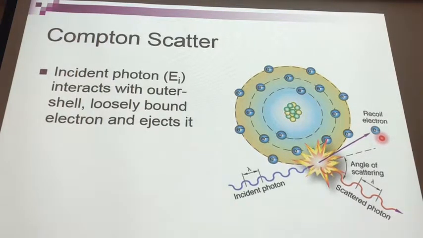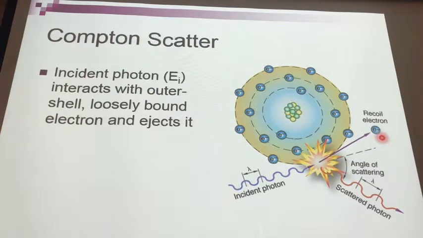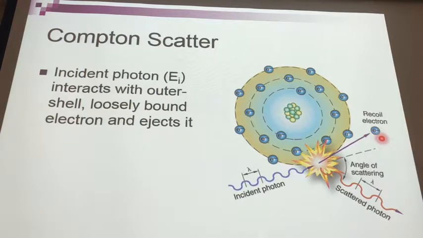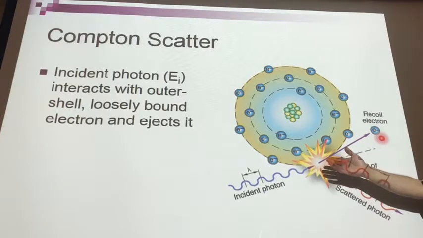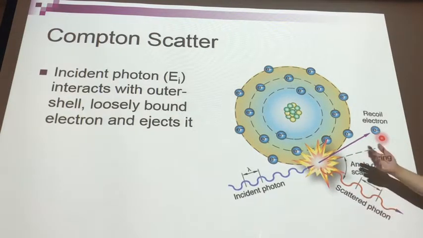For example, tissues have covalent bonds and ionic bonds, and they can disrupt those. And that's what creates damage. Photons can do the same. Photons can knock off electrons, and when they do, these electrons can start creating damage. And that's what is called dose, because both of them have energy. So you're giving energy to the tissues.